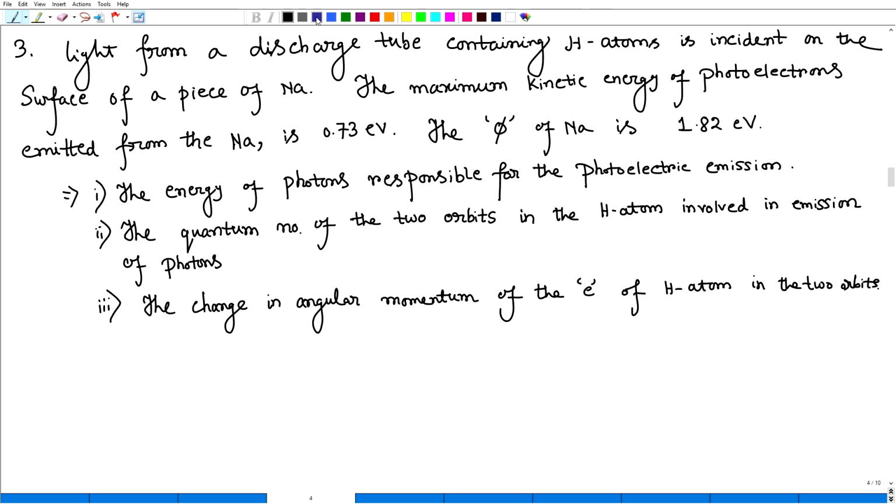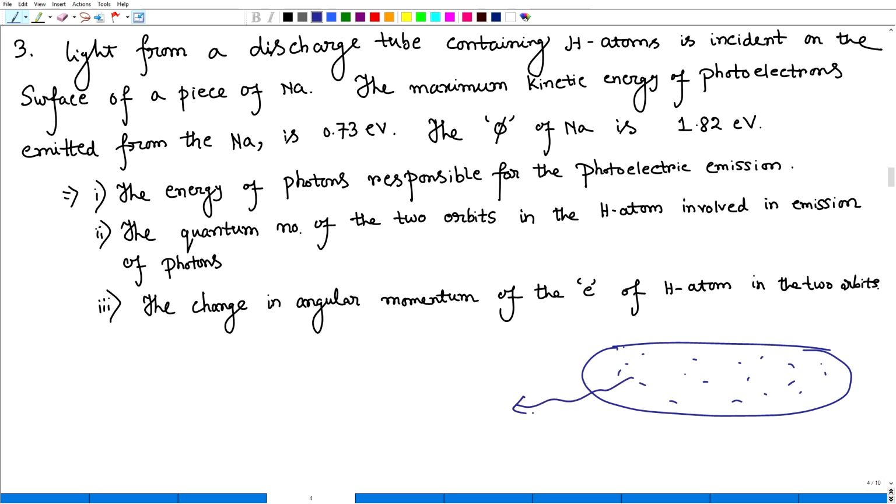So what is the picture? There is a discharge tube, okay, in that discharge tube, let me draw a discharge tube, there is hydrogen gas. Now a light is coming from the discharge tube, how we don't know, that's not our business in this problem.